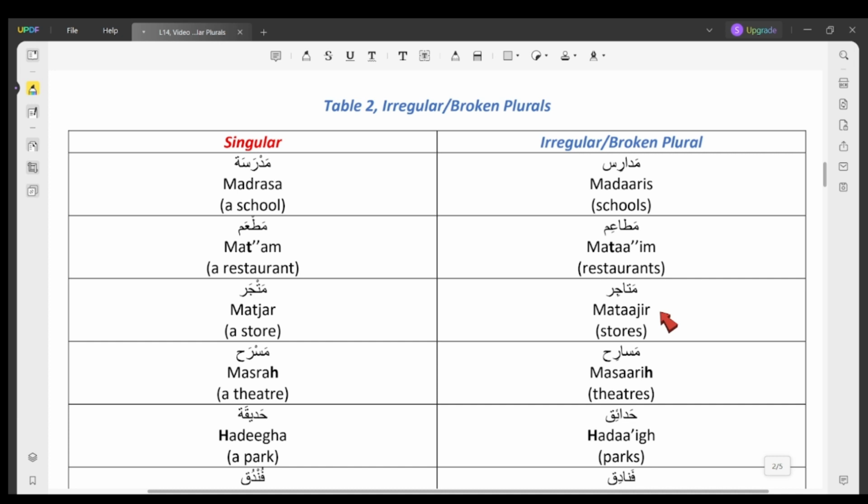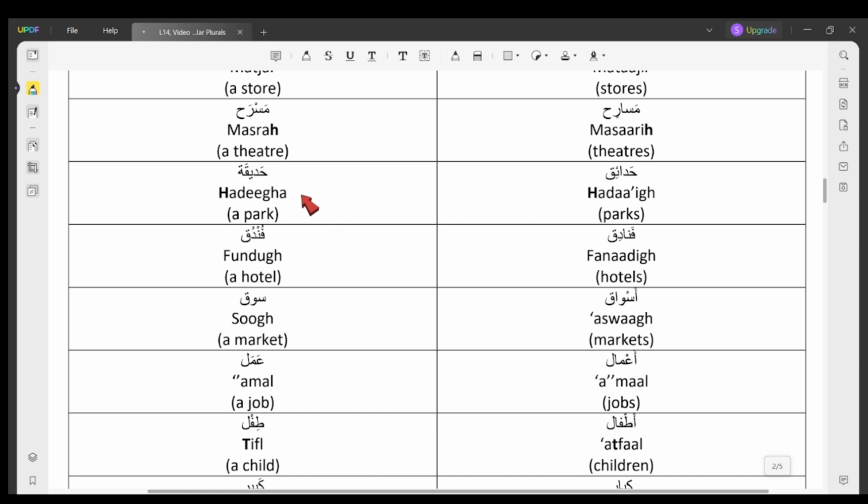And the plural, matajir, meaning stores. The next one, masrah. Masrah, meaning a theater. Plural, masarih, meaning theaters.